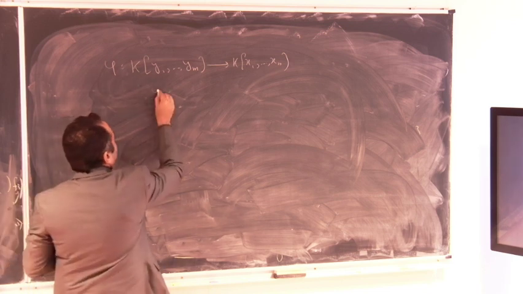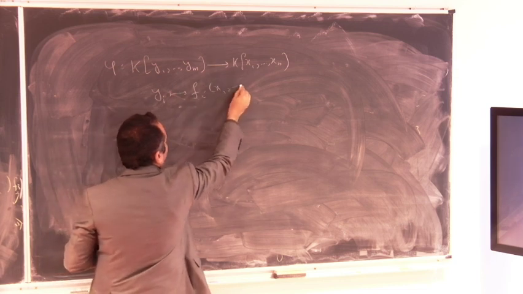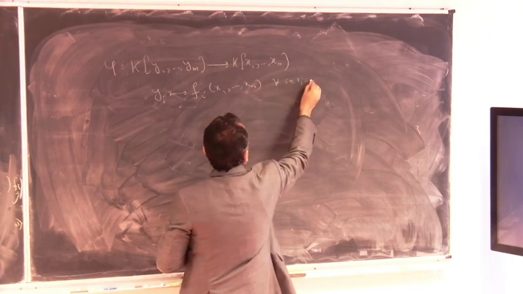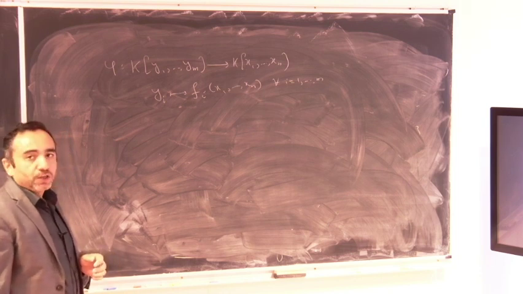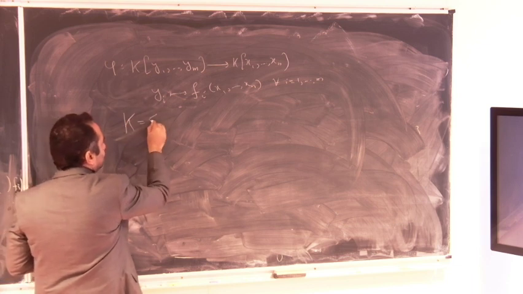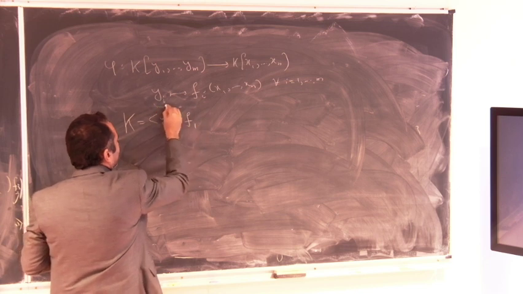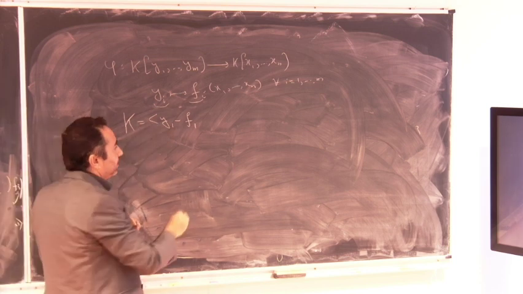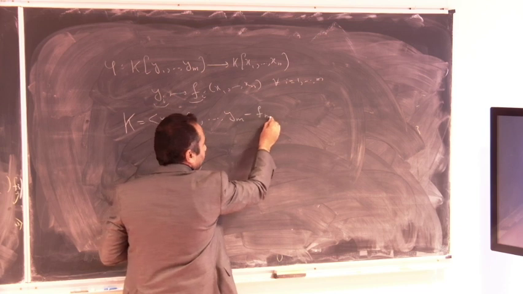We define yi to be mapped to some function fi of x1 up to xn, for all i from 1 up to m. Then we define a new ideal, which we call K, generated by y1 minus f1, and so on up to ym minus fm.